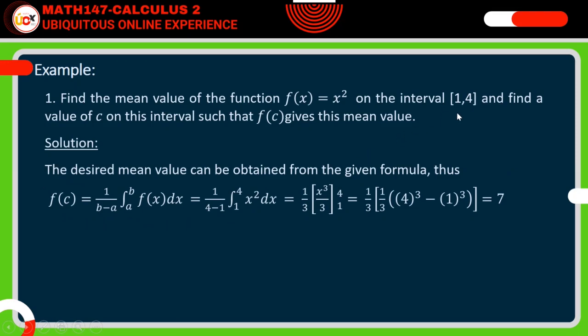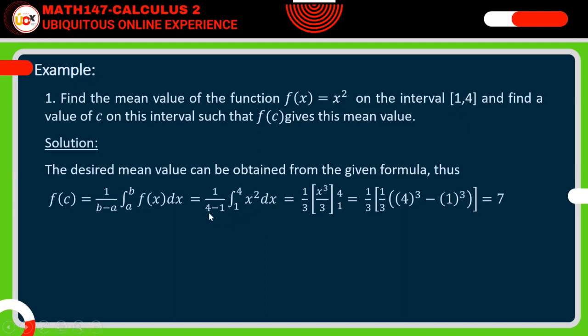Okay, so considering the closed interval from 1 to 4, where a is the lower limit 1 and b is the upper limit 4, multiply this by the definite integral of f of x dx from 1 to 4. Now, since f of x is equal to x squared, we will evaluate the integral of x squared dx from 1 to 4.